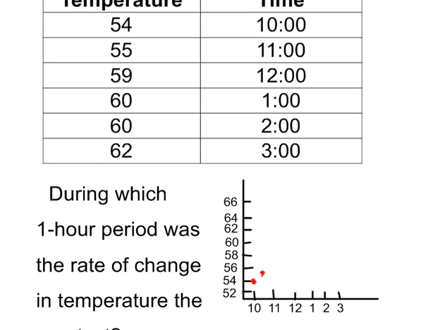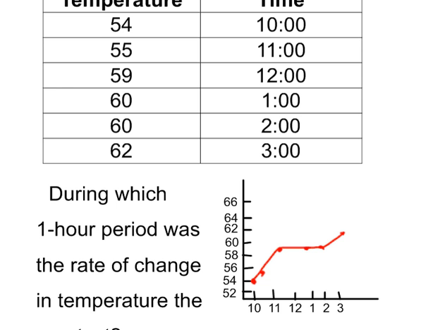All right. And 60 at 1 o'clock. And then 60 again at 2 o'clock. And 62 at 3 o'clock. All right, it would be a graph that looks something like that.